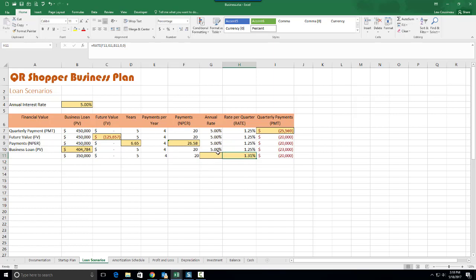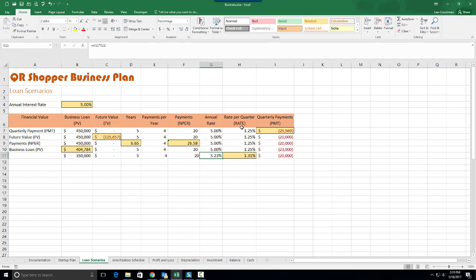So how do I turn that into an annual rate? I'm going to take my quarterly interest rate, 1.31, and then multiply it by how many payments per year. And so there it is. I'll do my format painter. So there's a 5.23% annual rate. $20,000 will pay off a $350,000 loan.